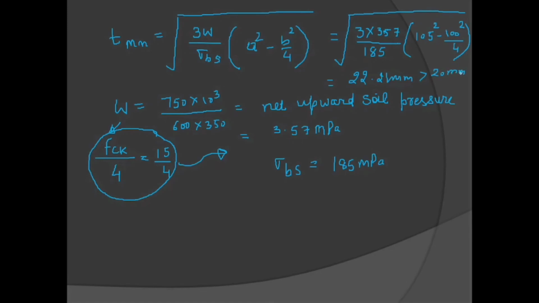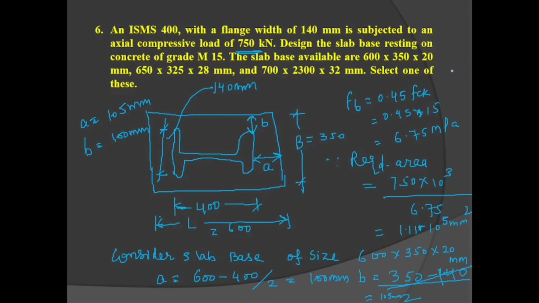So we can say that the size which we had selected is not applicable in this particular case, because 600 by 350 by 20 is not applicable; it has failed.